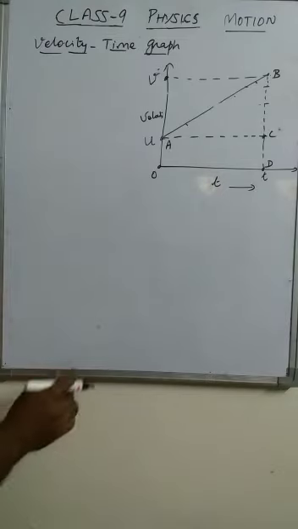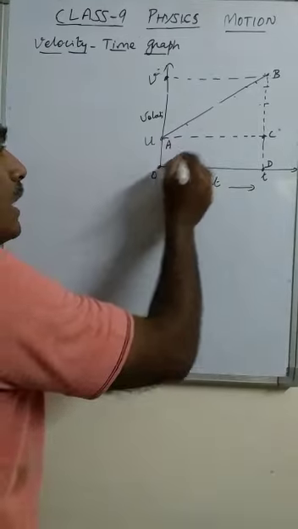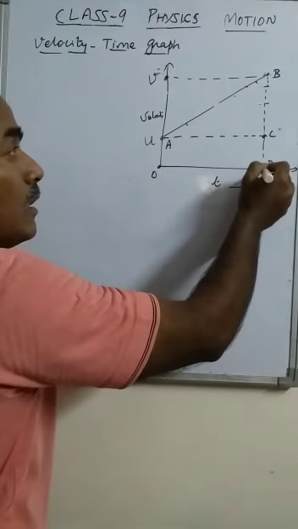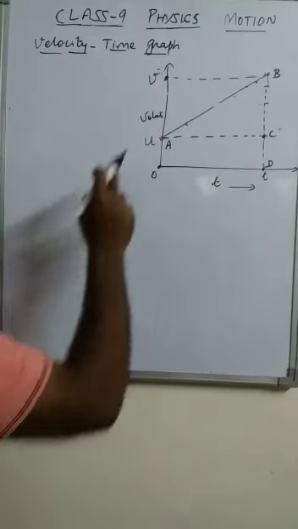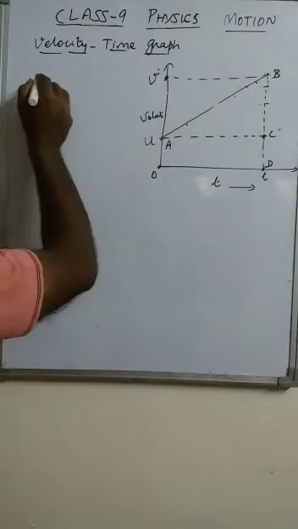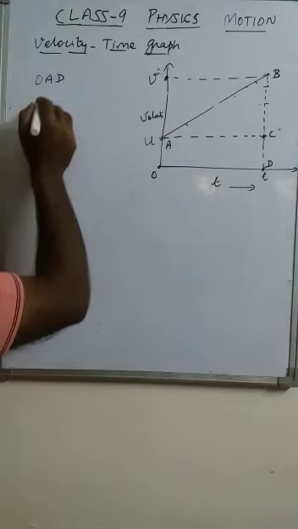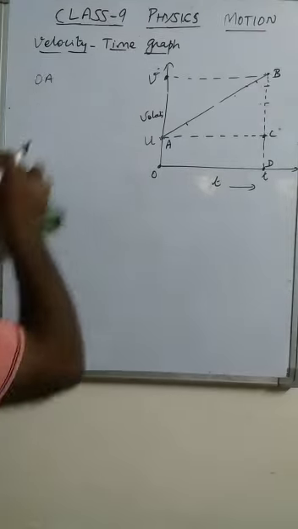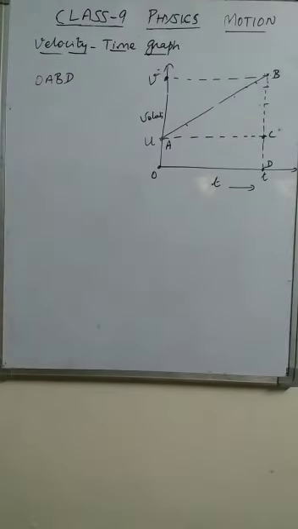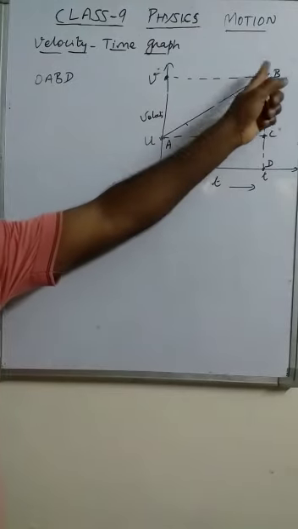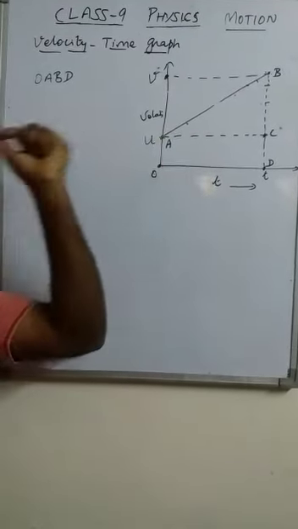To find that, join those two points with the y-axis and x-axis. Then we get a closed figure, that is OABD. This is the closed figure formed by this graph by joining with the x-axis and y-axis.